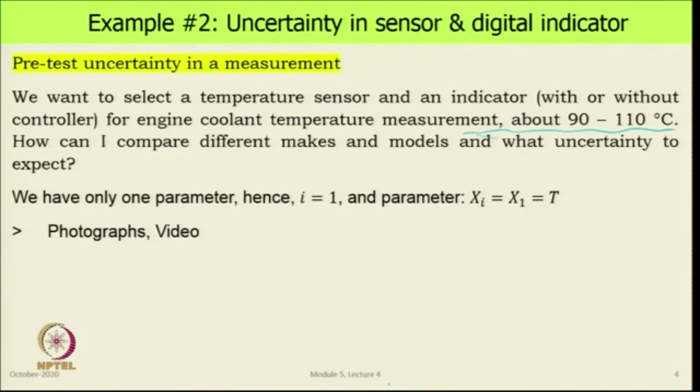In the example, I have taken yet one more example, which is the temperature of a flue gas. And the temperature we have said is approximately of the order of 150 degrees Celsius.